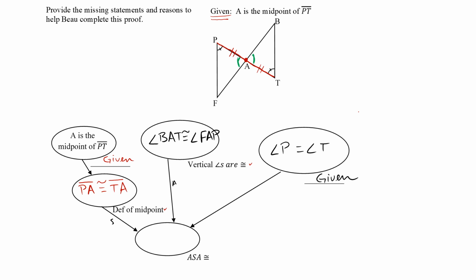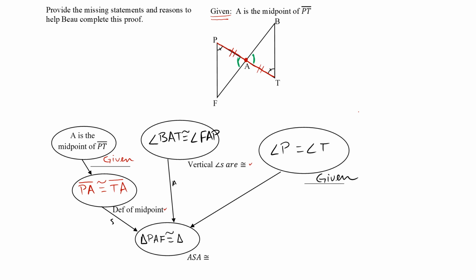I can write my triangle congruent statement, and that statement is, for example, triangle PAF is congruent to, and the order that I write the other one matters. It has to be in the same order.